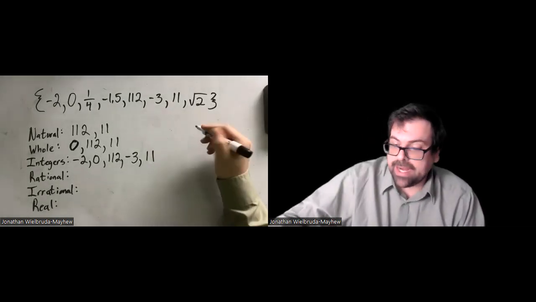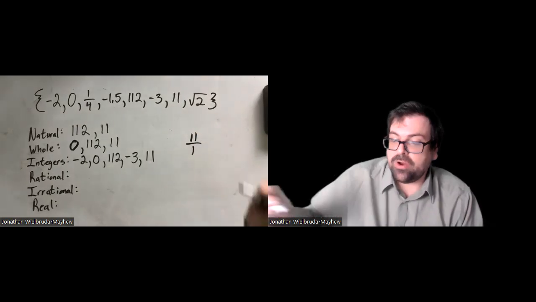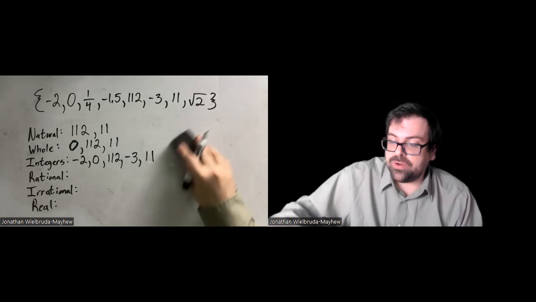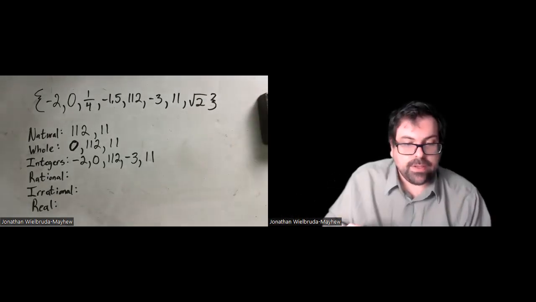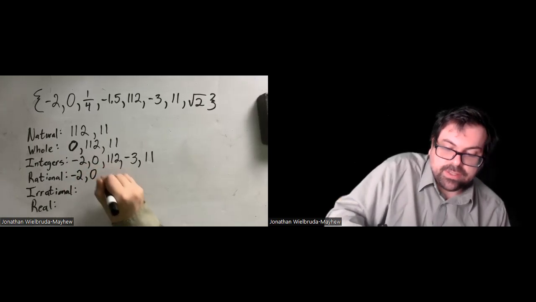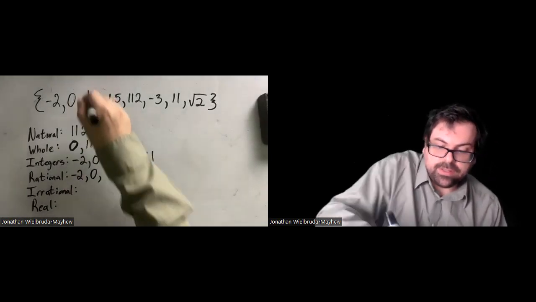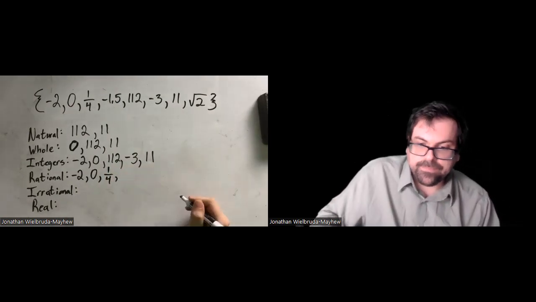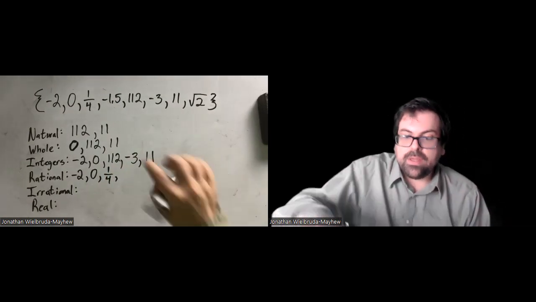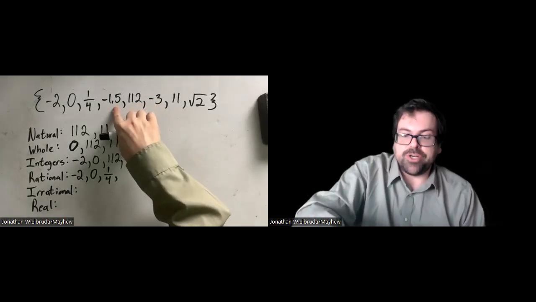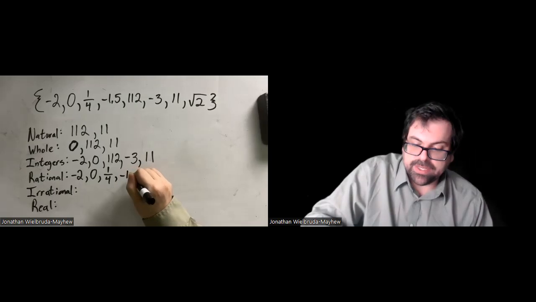We can just write it as, for example, 11 over 1. And we've written 11 as a fraction, which means it's a rational number. So our rational numbers, -2 still, 0 still, new entry, 1/4. -1.5 can be written as a fraction because it is a terminating decimal. So it is rational.